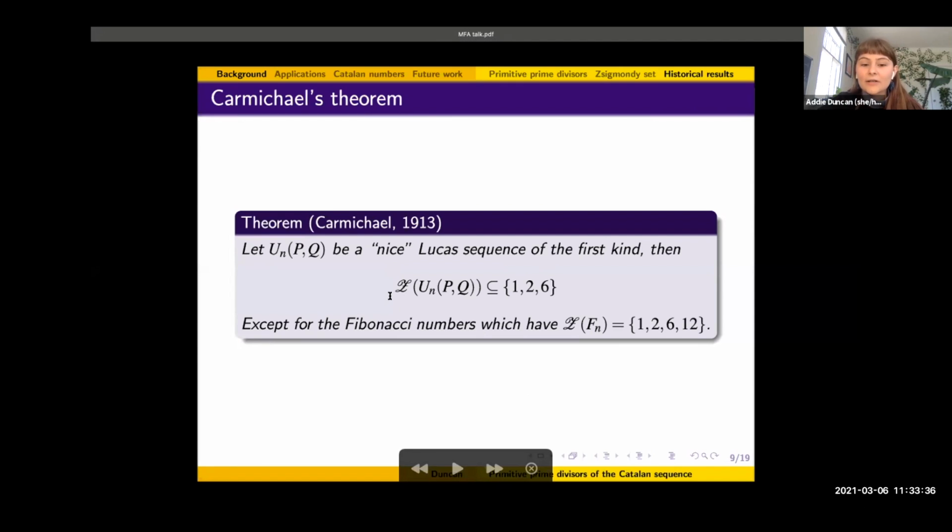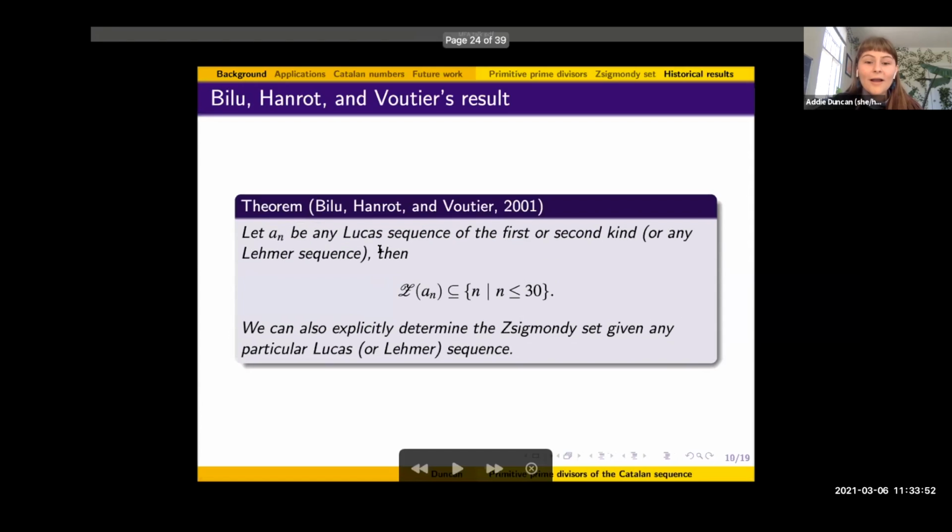And so again, we see here that the Zsigmondy set for these sequences is finite, which I think is really interesting. And now you might be wondering, hey, Addie, what does nice mean? You're not giving us a lot of information there. There's a few different things that go into the word nice here, but they're not really important to us anymore because in 2001, it was shown that for any Lucas sequence of the first or second kind, or any Lehmer sequence, which is a generalization of the Lucas sequence, the Zsigmondy set is finite, and it consists of a subset of the numbers from 1 to 30.